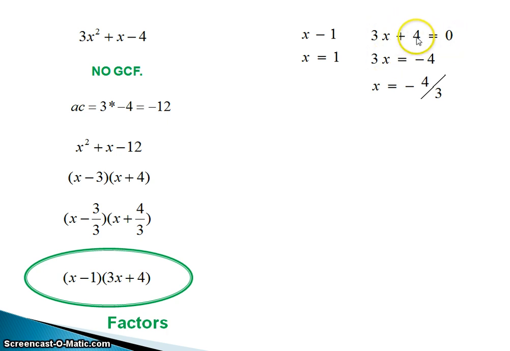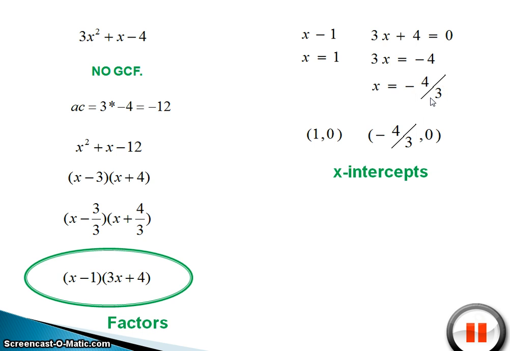In this case, I have to subtract 4 from both sides first, and then divide by 3, and I end up with negative 4 over 3. So these are my x-intercepts, or otherwise known as solutions, roots, or zeros.